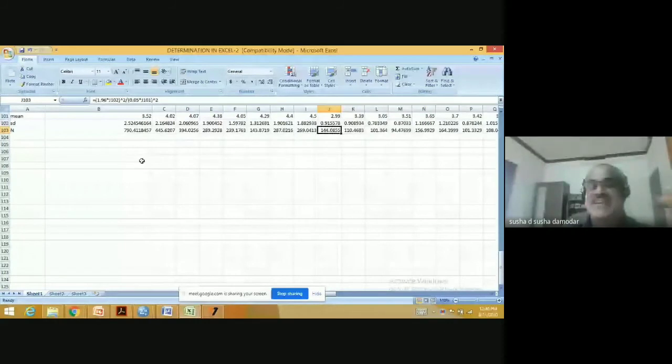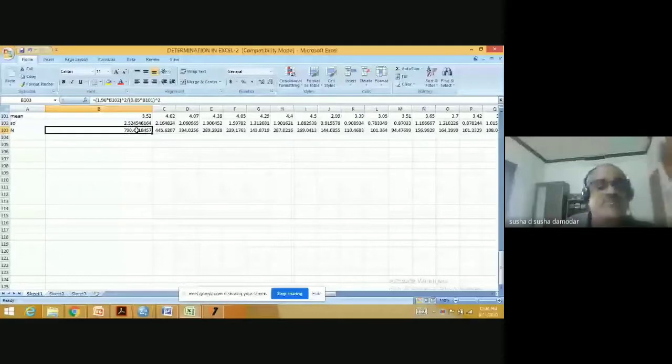Like that. Then you identify which is the maximum n. Here the maximum n is 790. Therefore, our sample size will be 790, and over and above you can fix any sample size.